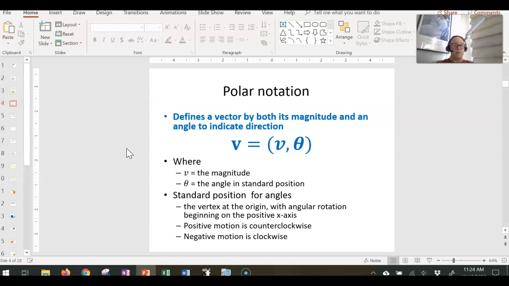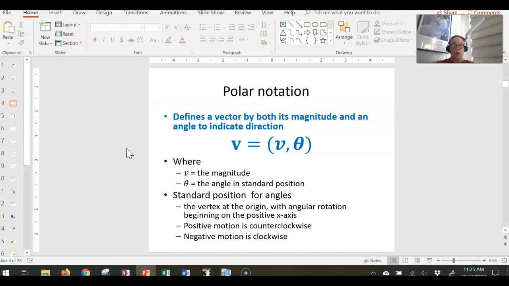So you would need to put units on both of these quantities because they would be different amounts, right? If this were a velocity vector, the magnitude would be in units of meters per second, and the angle would be probably in degrees. It could also be in radians, but usually we use degrees. All of the angles must be defined in standard position.